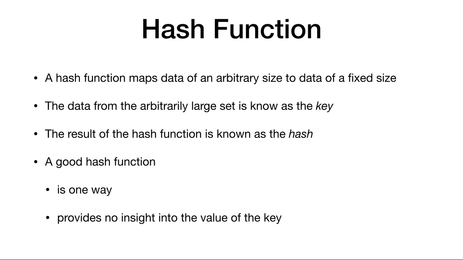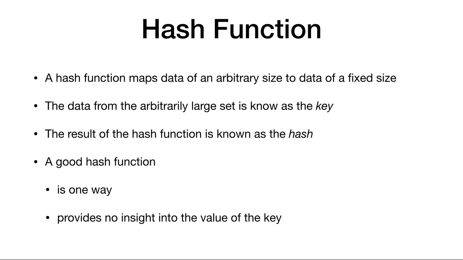Okay. So the next thing we're going to look at is a hash function. A hash function maps data of an arbitrary size to data of a fixed size. So it could take any string, for example, and return, say, a value between 0 and 1,000. So an arbitrary set to a fixed size.